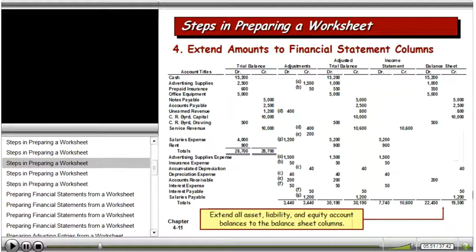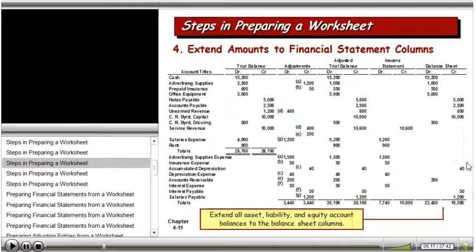Next thing we do is to extend all the asset, liability, and owner's equity accounts to the balance sheet columns. So cash, advertising, prepaid insurance, and so on get pushed over to the balance sheet columns. And we total the debit column and the credit column for the balance sheet. And again, those don't balance. The reason they don't balance here, that difference is the income.